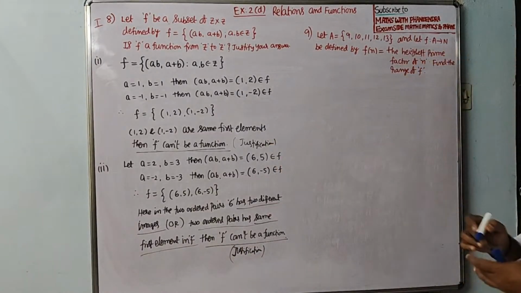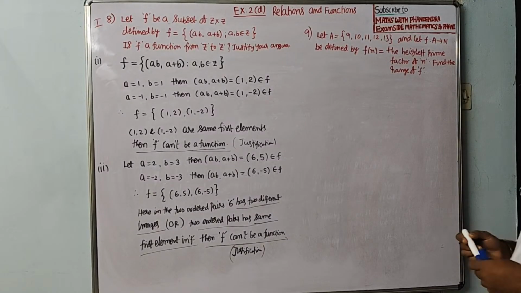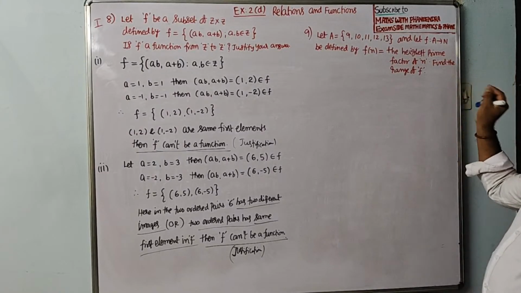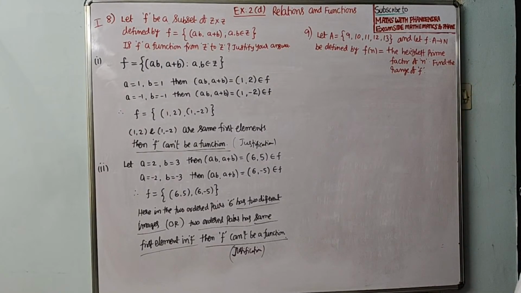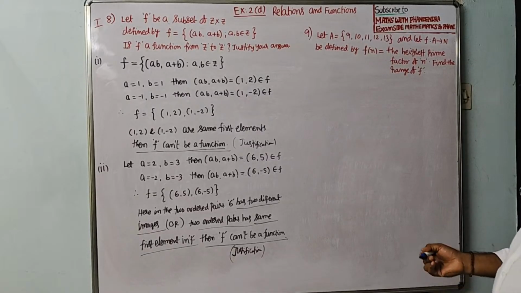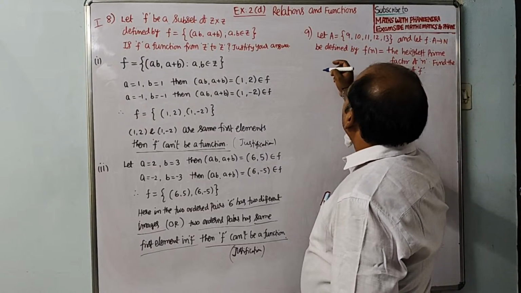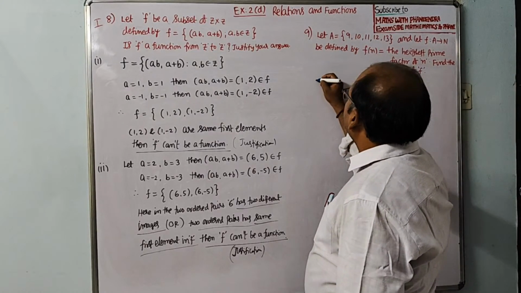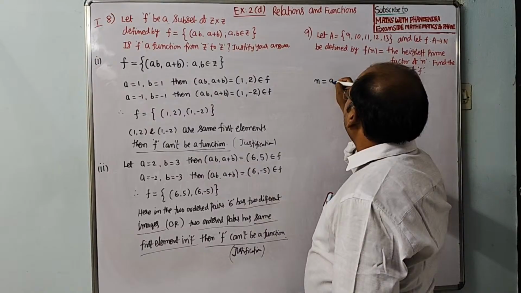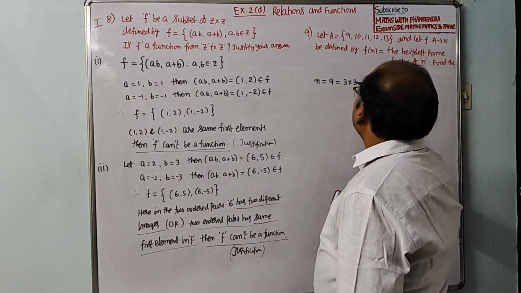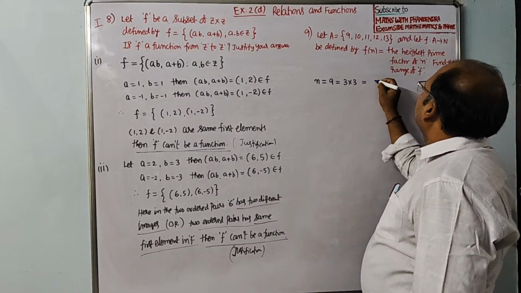Okay, now come to question number 9. In question number 9, F of N is the highest prime factor of N. Then find the range. Suppose you take the element N is equal to 9. For this, 3 into 3, the highest prime factor is 3 only.